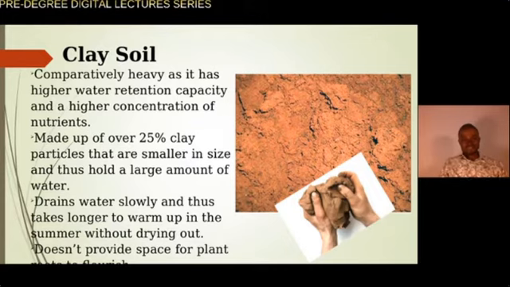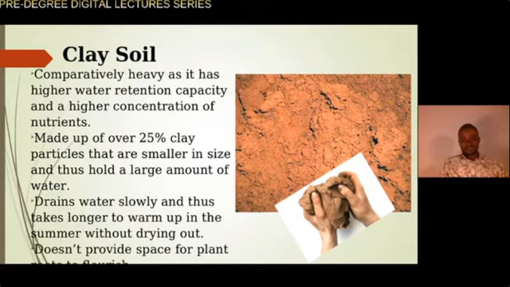It is made up of over 25% clay particles that are smaller in size, and those hold a larger amount of water. It also drains water slowly. Therefore, it takes longer to warm up in the summer without drying out.